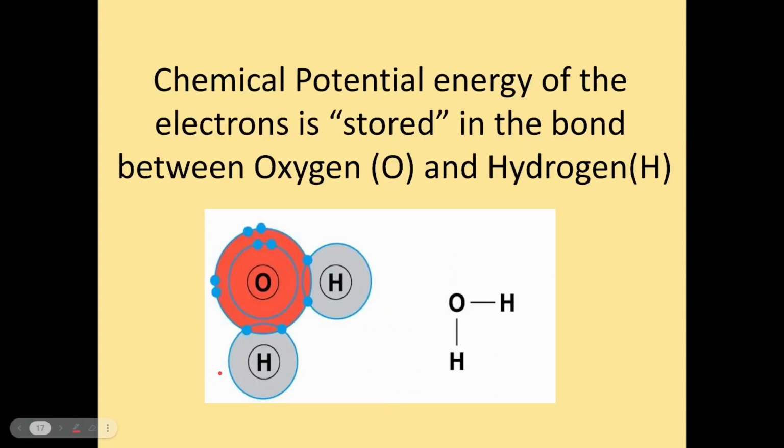All right, this is also important. Potential energy. Potential energy is stored in covalent bonds. So potential energy is stored in that bond and in that bond right there. That's potential energy. We break that bond, you're going to release that energy.